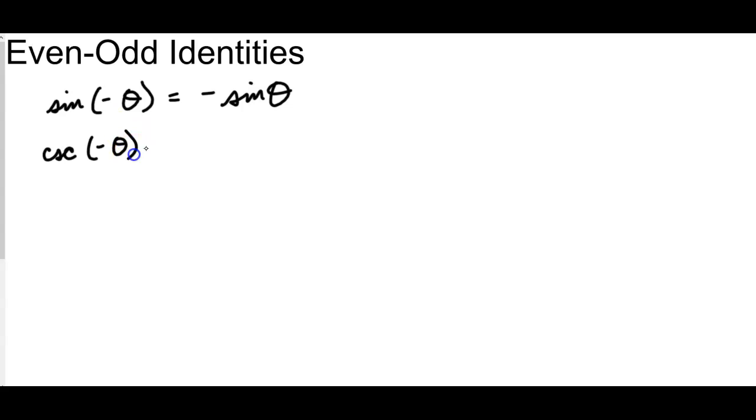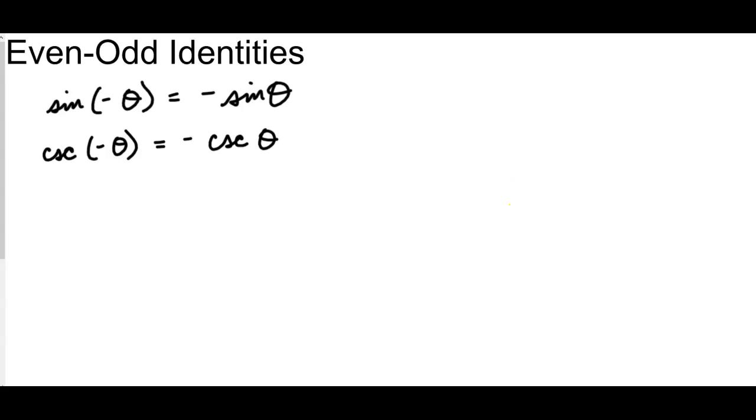Even odd identities, so it depends on the function, and I'm just going to start with sine, but sine is an odd function, and so sine negative theta is equal to negative sine theta. And it seems somewhat intuitive, but it's a really important identity. And similarly with cosecant negative theta, it's going to equal negative cosecant theta.